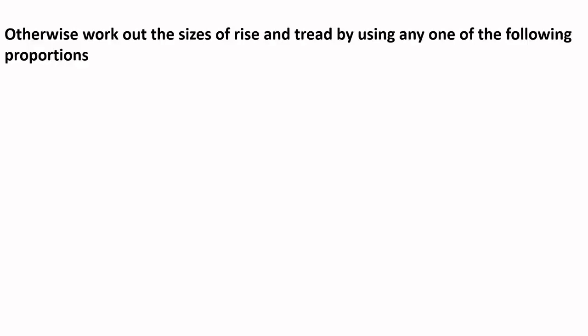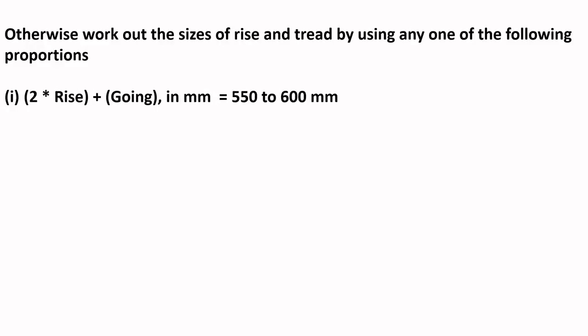Otherwise, you can work out the sizes of rise and tread using any of the following proportions. Two times the rise plus going will be equal to 550 to 600 mm.